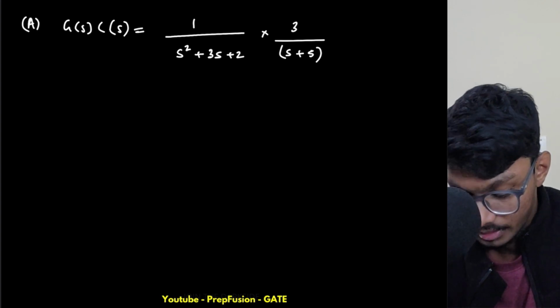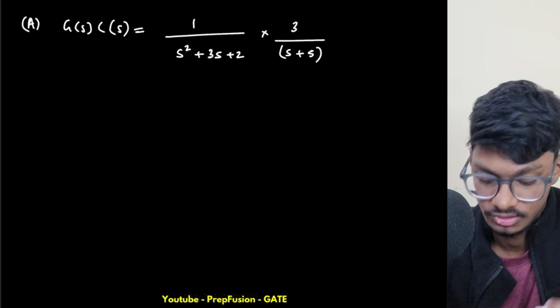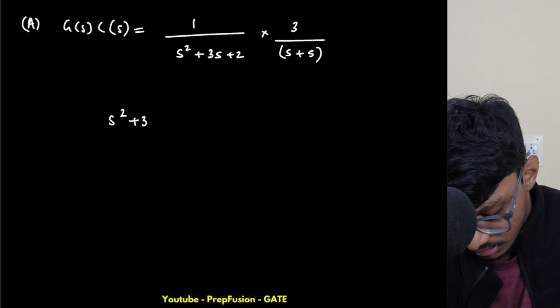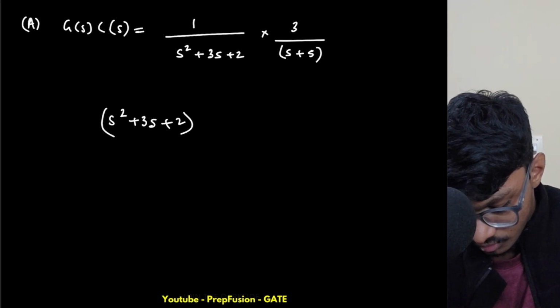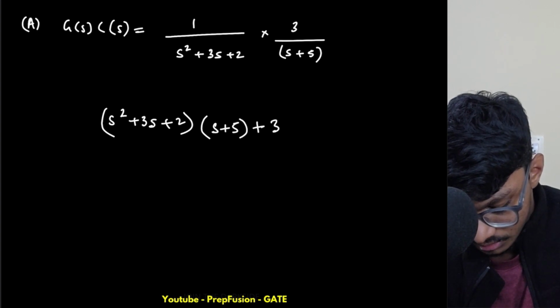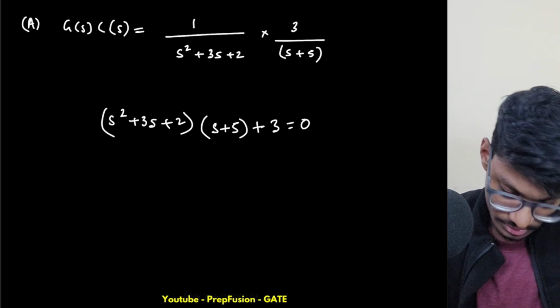So what will be my closed loop characteristic equation? It will be simply (s square plus 3s plus 2) into (s plus 5) plus 3 equals to 0.